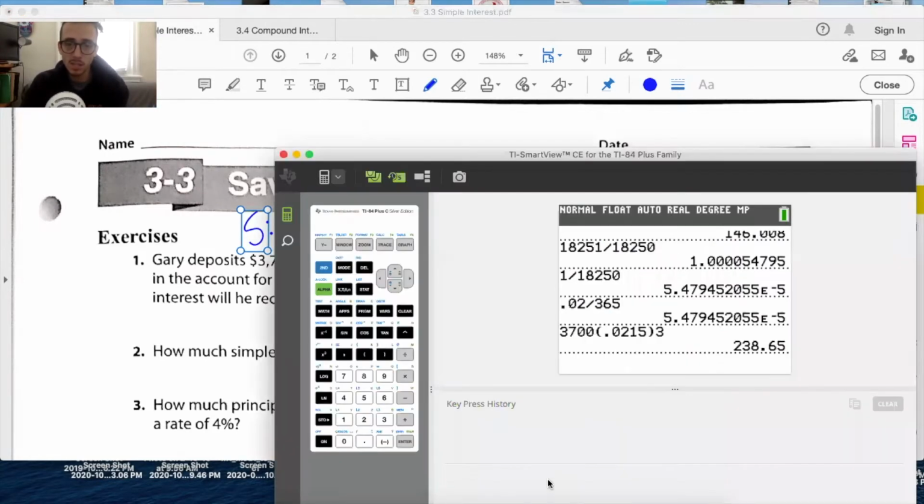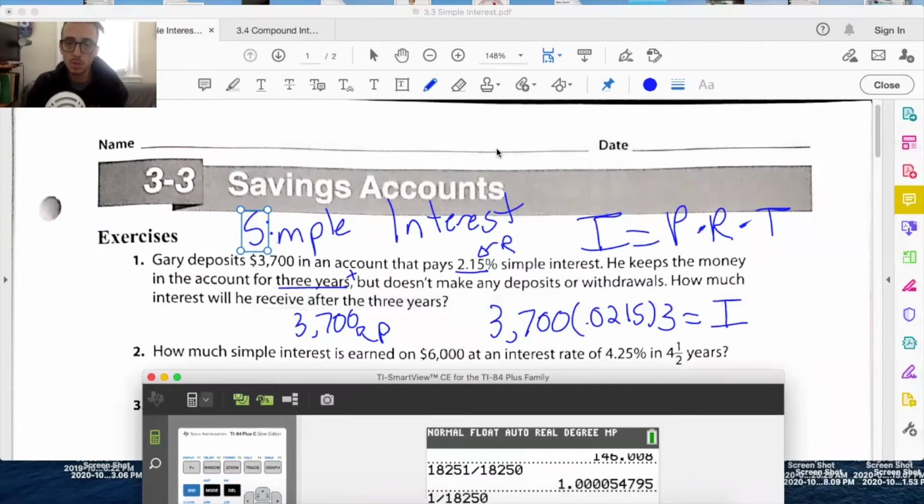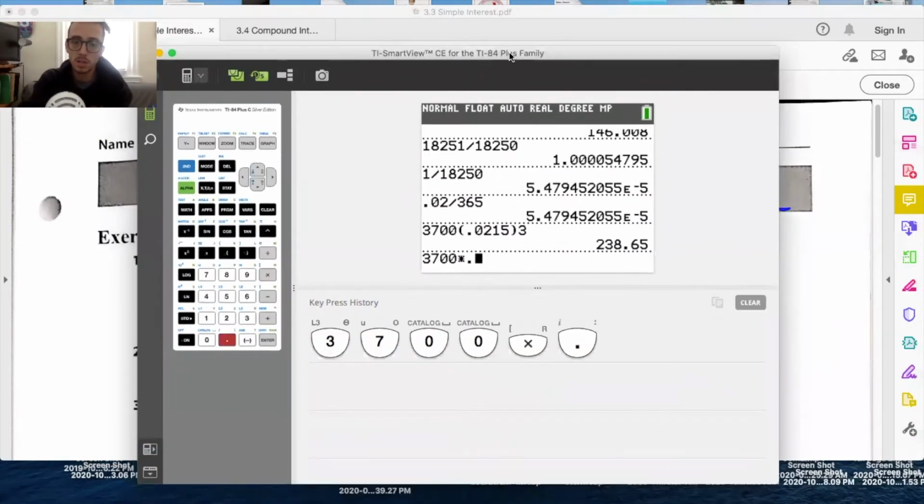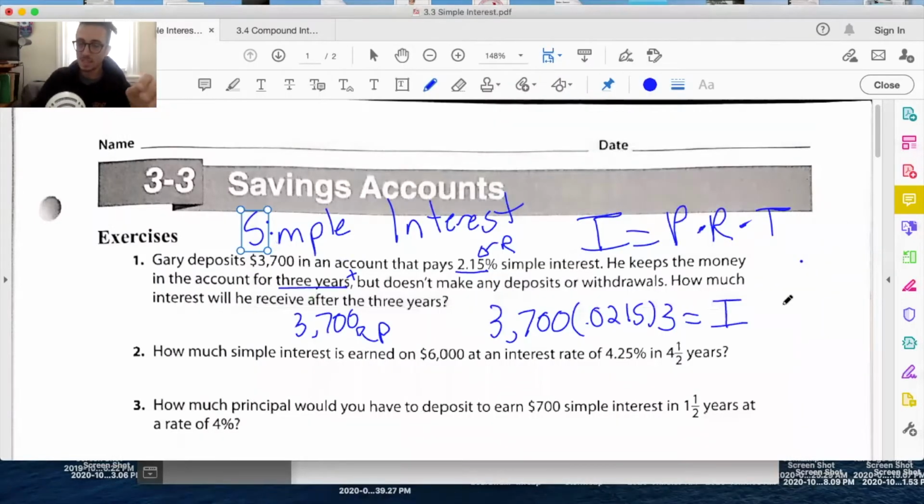So on my calculator, I'm going to do 3,700 multiplied by 0.0215. Okay, there you go: 238.65. And that's what you would want.